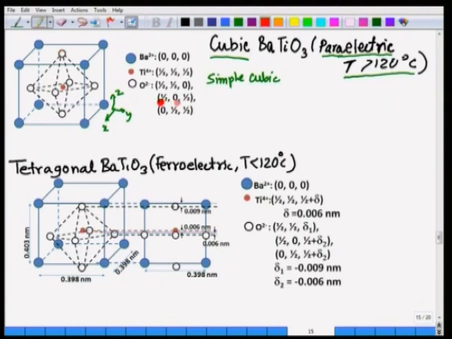Similarly, if you look at half 0 half, I should erase this. I move half in x, 0 in y, and in z you move half. So you get this particular oxygen atom, and this is an equivalent oxygen atom. Every time you move by a lattice parameter, you only get an equivalent atom.